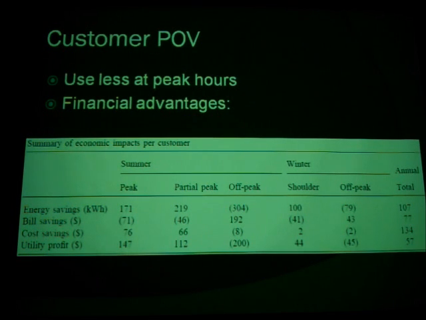Basically, both sides of the equation benefit from smart meters. The utility side earns $50 per year per customer, and the bill savings for the customer is $77 per year per customer.